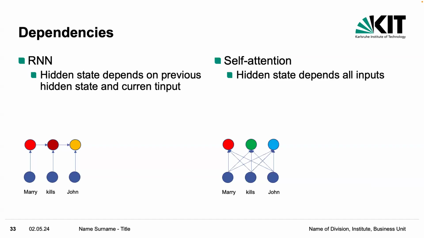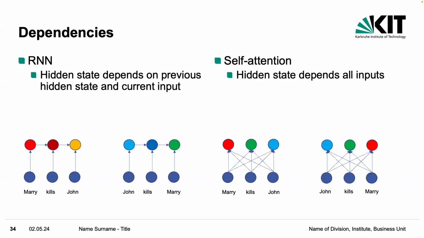Maybe somebody has an idea: mainly what we're doing here is a weighted sum. What is a problem of a weighted sum, especially if you think about text, which might not be the best way to do it? Yes? Yes, exactly. The hidden states are the same. They are in a different order.